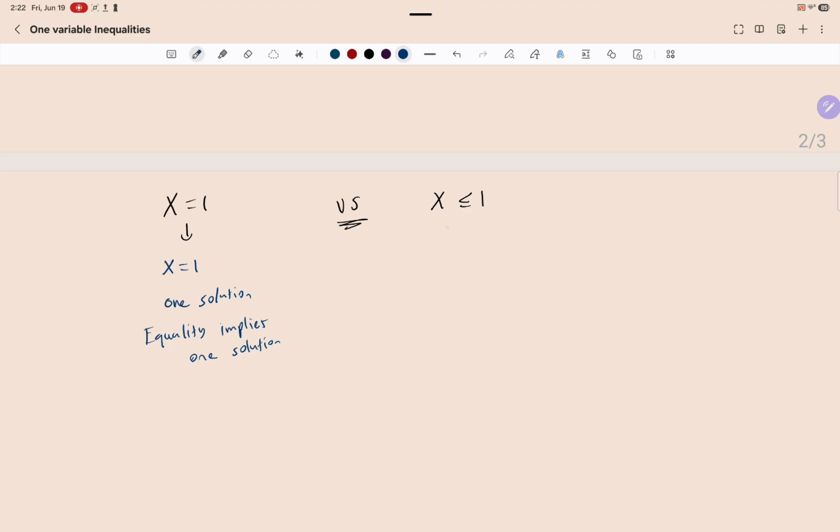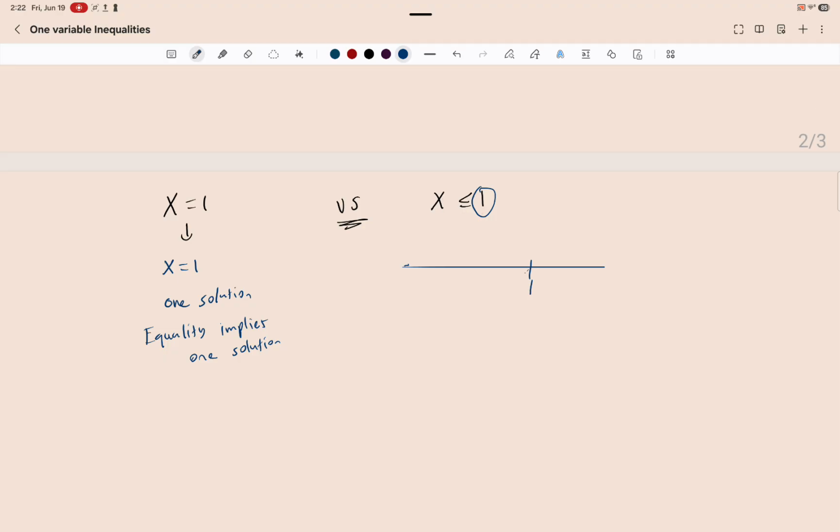Whereas when we have an inequality, we want all the numbers less than or equal to what? 1. So the way we approach this is that we draw a number line. I like to label whatever this number is, the 1, and notice the way I read it, we want x's less than or equal to 1.